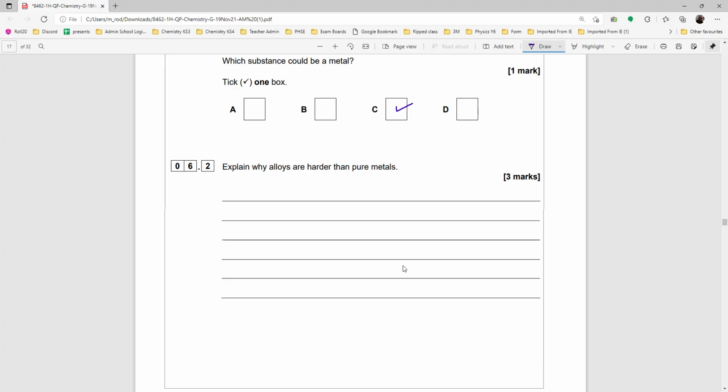Next, explain why alloys are harder than metals. Well, first of all, you have to say that there are different elements in an alloy, and the different elements will distort the layers, and the distortion of the layers will stop them from being able to slide or make it more difficult.